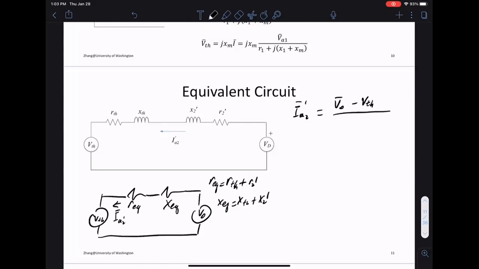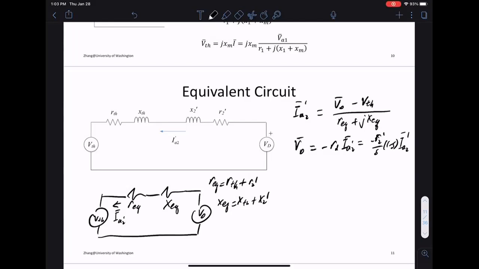This is our current. We also have VD equal to minus R2 times (1 minus S) over S times IA2 prime, again in complex numbers.